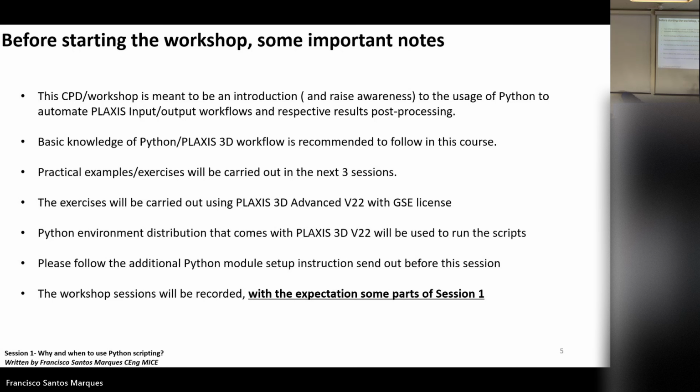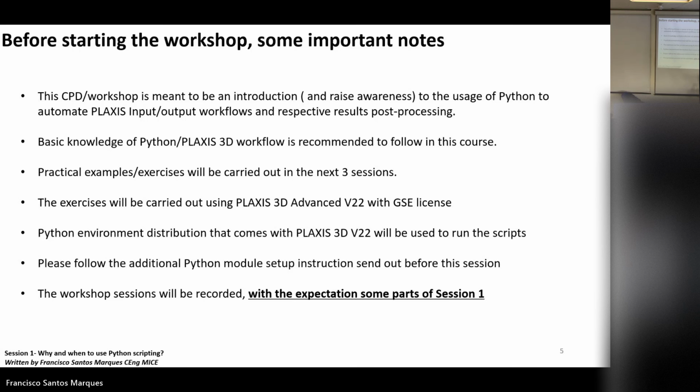Like I said, the practical exercises are going to be in the next 3 sessions. I will be carrying out the exercises using Plaxis 3D Advanced version 22, and having the Geotechnical license, I think before it was called the VIP license. Now it's called the Geotechnical Select Entitlement license, which is the one that allows you to have the functionality of scripting.